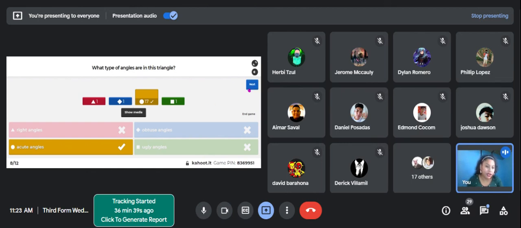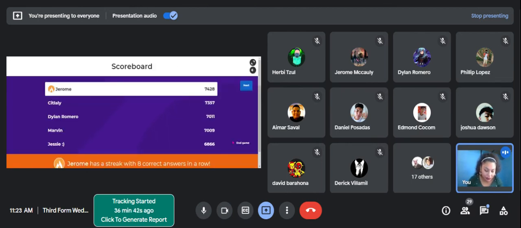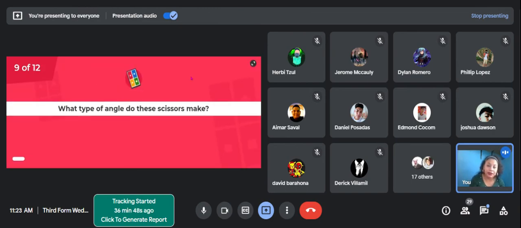Okay, very good. Number 9. What type of angles do these scissors make?